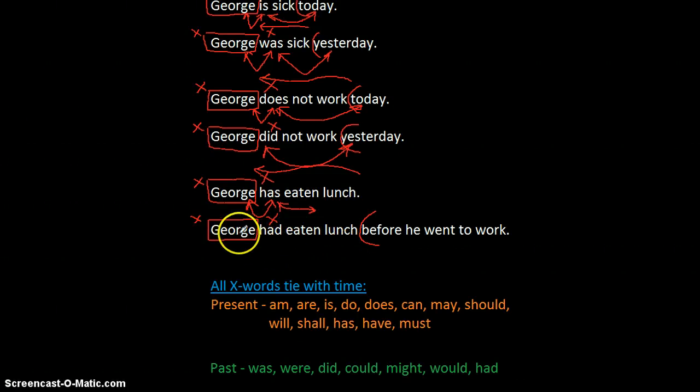Does had tie with George? I'd have to say no, because I could test this. I had eaten lunch, you had eaten lunch, George had eaten lunch, we had eaten lunch, they had eaten lunch. I really never change had because I changed George. So why does this sentence have had? Because had ties with this past time, before he went to work.